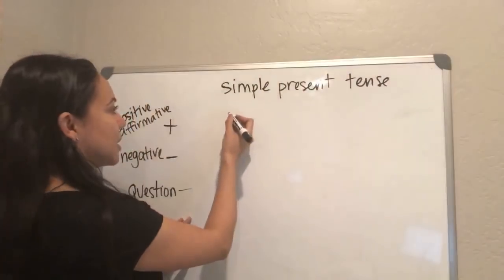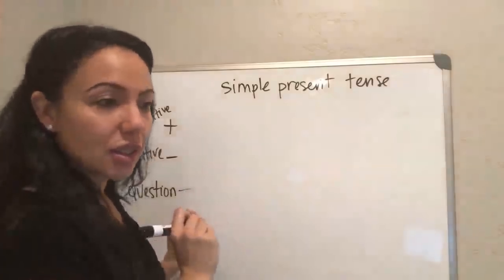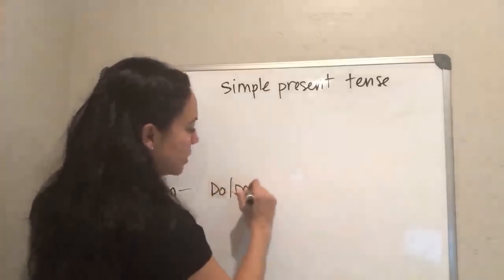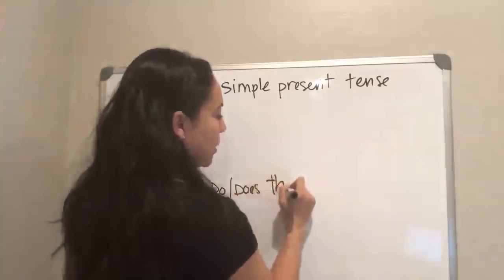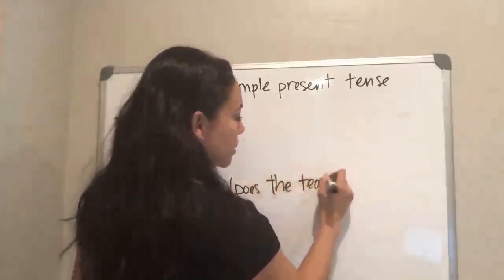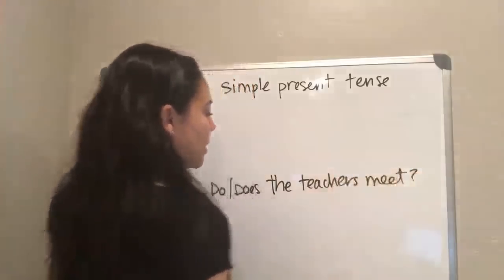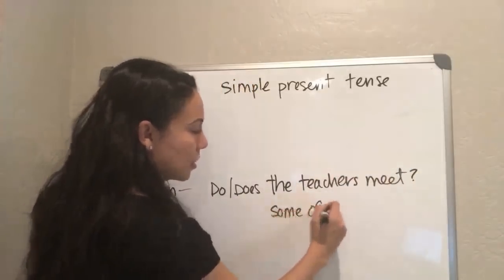going back to this, how would I write a question, guys? Remember, we're gonna start with do or does, and then we're gonna say the teachers meet. Or you could say some of the teachers.